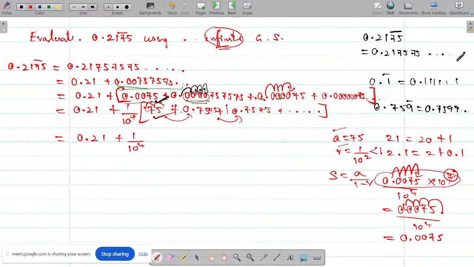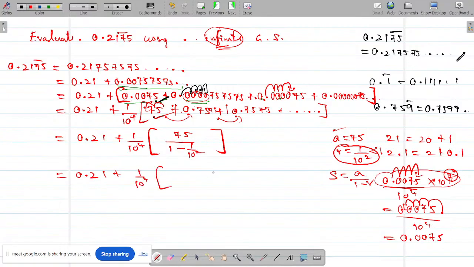Why A by 1 minus R? It's an infinite geometric series. So I write here the S value. What is A? 75 divided by 1 minus R, and the R value is 1 by 10 square. Is it okay? Now next step, 0.21 plus 1 by 10 power 4, I keep it as it is. 75, I take it outside.